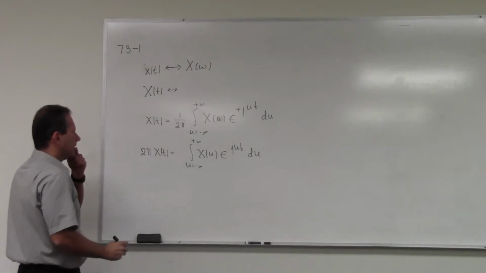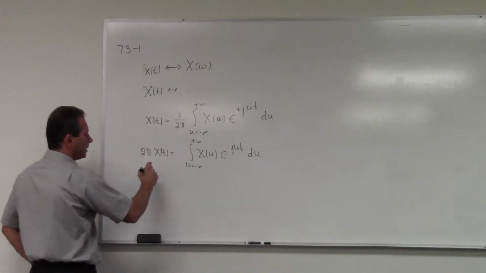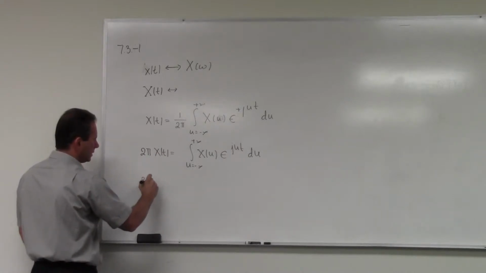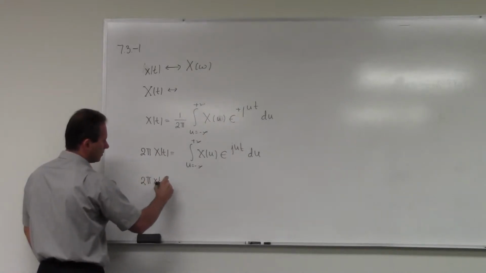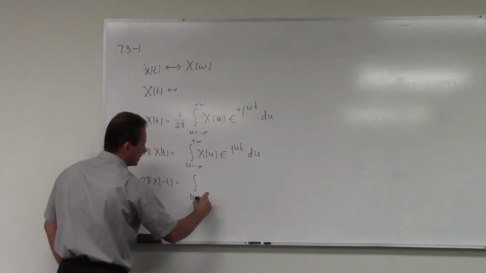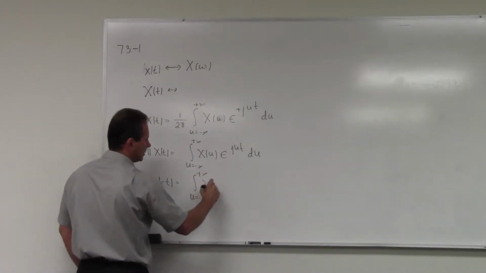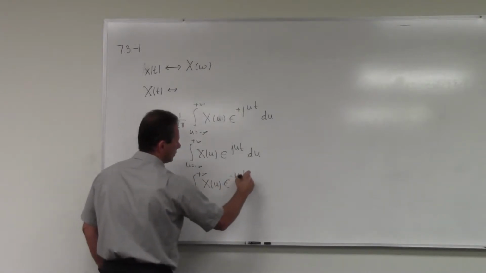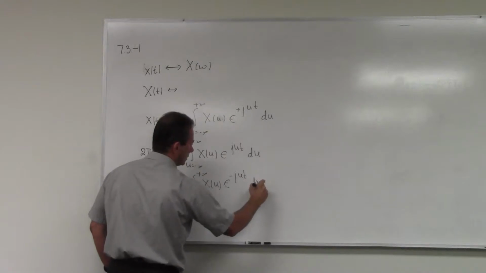Now, if I substitute minus t for t, then I get 2 pi x of minus t is equal to the integral, u from minus infinity to plus infinity, of X of u e to the minus j u t du.